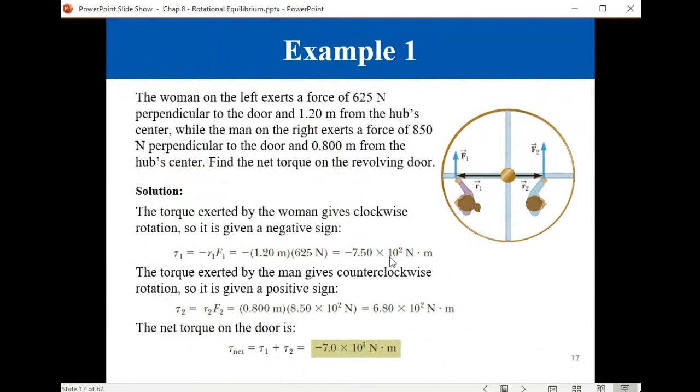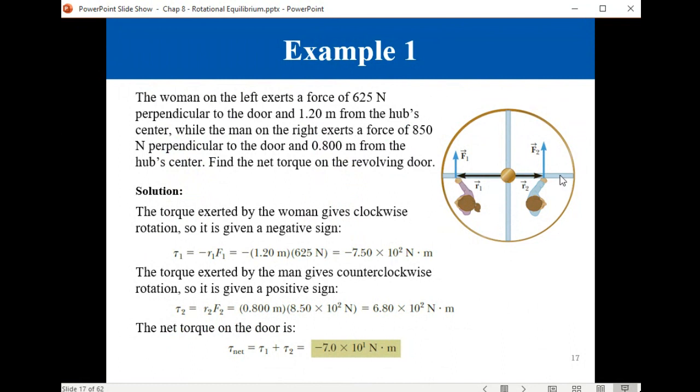Example: the woman on the left exerts a force of 625 newtons perpendicular to the door and 1.2 meters from the hub's center. This lever arm is 1.2 meters.